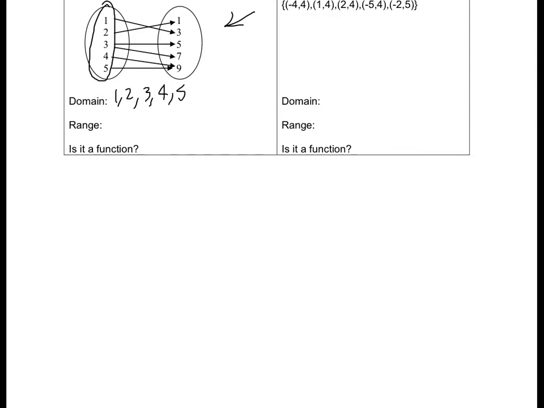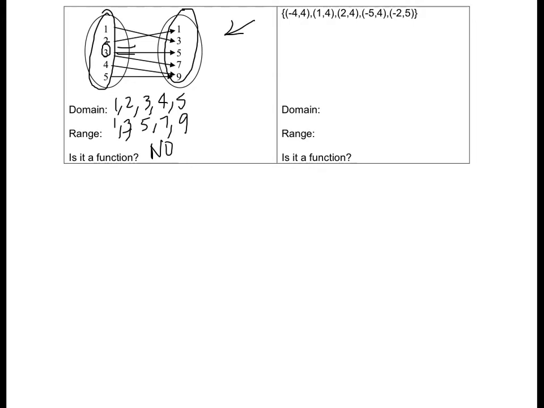The range is going to be all these values which are here, so it's going to be 1, 3, 5, 7, 9. And the question is, is it a function? The answer is no, because if you look at number 3, there are 2 arrows coming out of this. This means that number 3 corresponds to 2 different y values, so this is not a function.